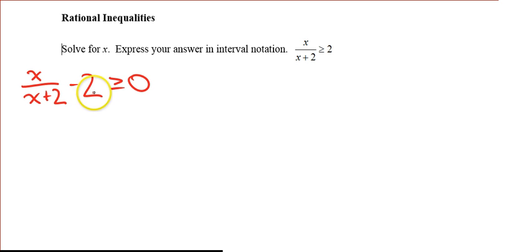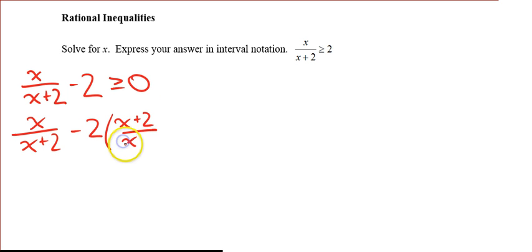So our right term here, we're just going to multiply by 1 in the form of x plus 2 over x plus 2. There's our 2. Now let's see if we can distribute this negative 2, combine some like terms, and maybe get a simpler inequality.